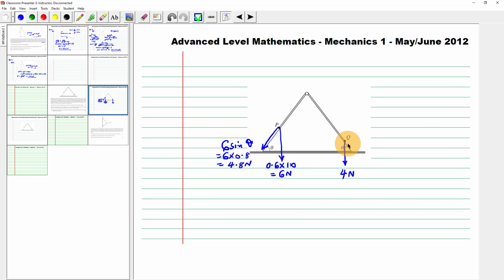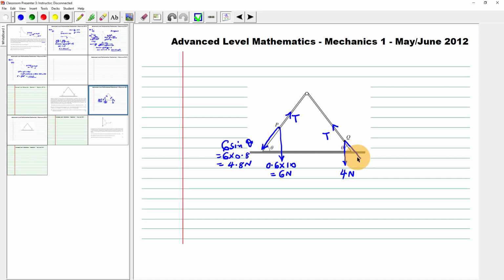The string is pulling P upwards, and that will be the tension T, and the same tension is indicated here. Notice that the two T's are facing each other. The tension in the string is always drawn in such a way that it points away from the object.